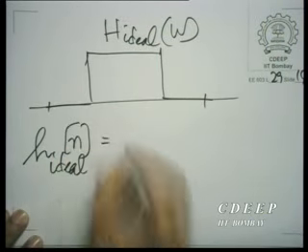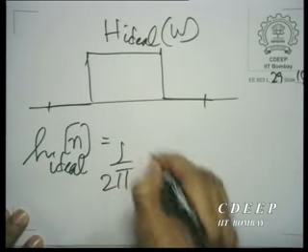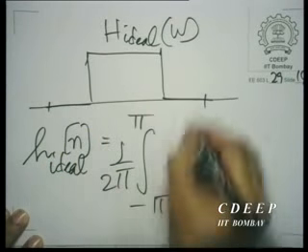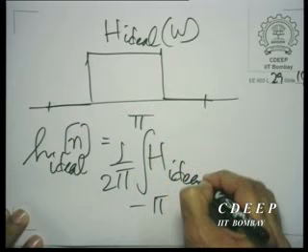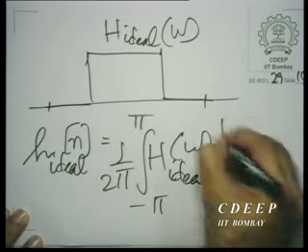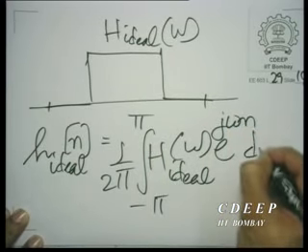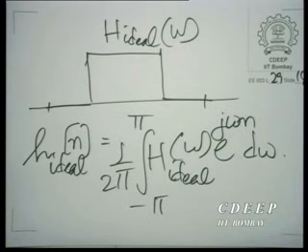H ideal of n is 1 by 2 pi integral from minus pi to pi H ideal omega e raised to the power j omega n d omega. So effectively these are like the Fourier series coefficients of this periodic DTFT on the variable omega.